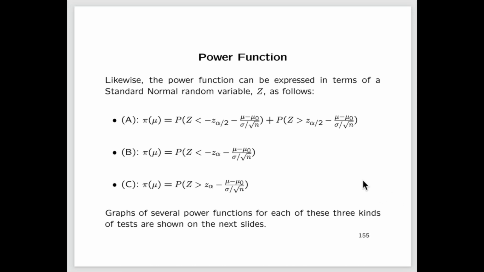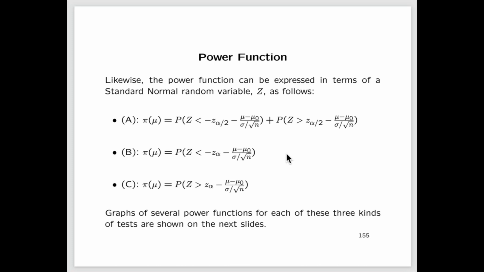So for the two-sided test, the power of the test at a particular value of mu is equal to the probability that a standard normal random variable z is less than negative z sub alpha over 2 minus mu naught over the standard error of x bar, which is sigma over the square root of the sample size, plus the probability that the standard normal random variable z is greater than positive z sub alpha over 2 minus mu naught over sigma over the square root of the sample size.